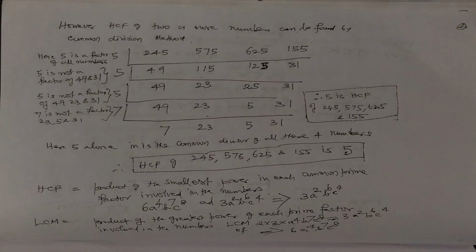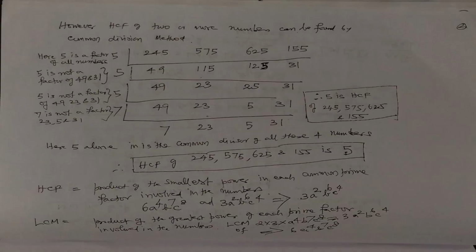Here 5 is a factor of all, and in the first step it divides 245, 575, 625 and 155. In the second step, 5 is not a factor of 49 and 31, and in the third step 5 is not a factor of 49, 23 and 31. Therefore, the HCF of these numbers is only 5.